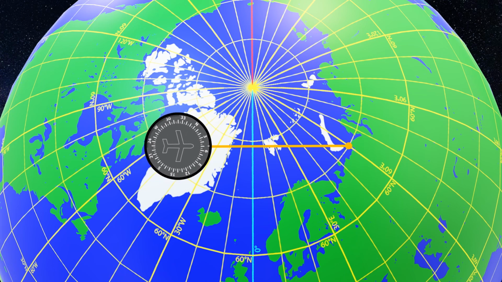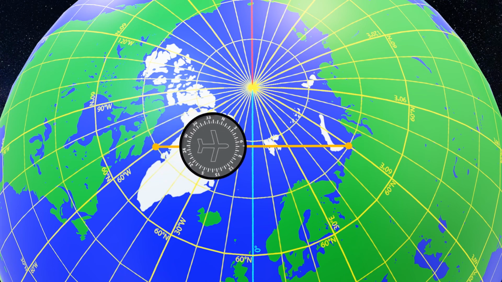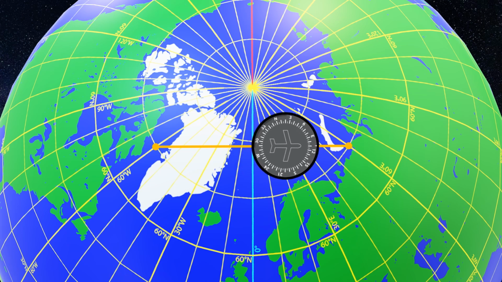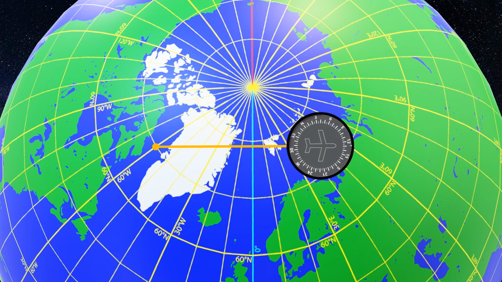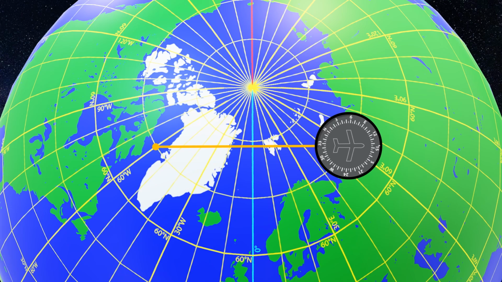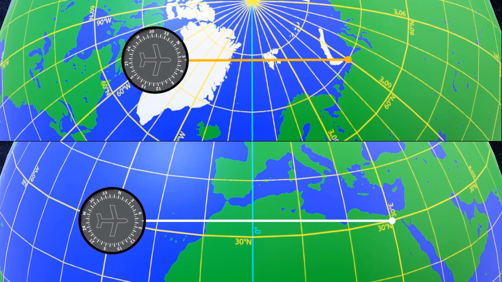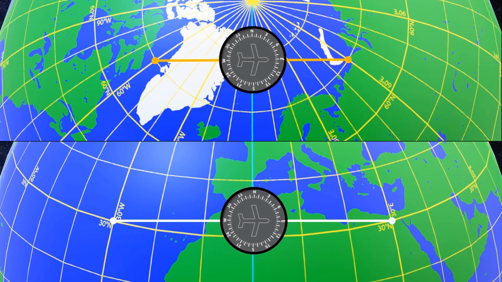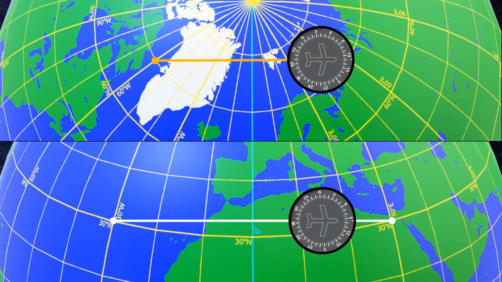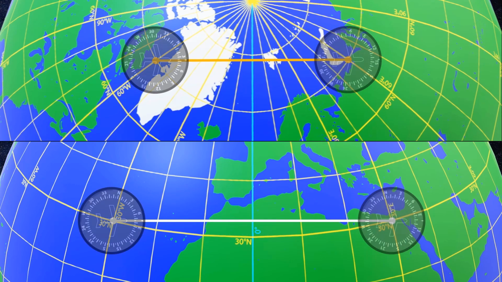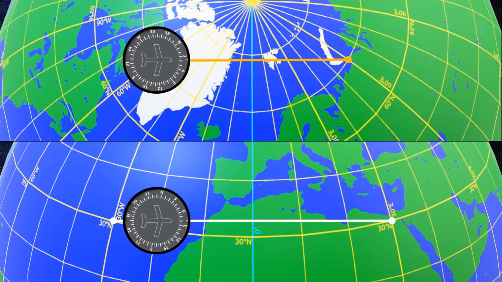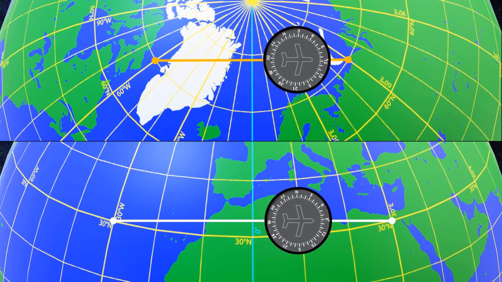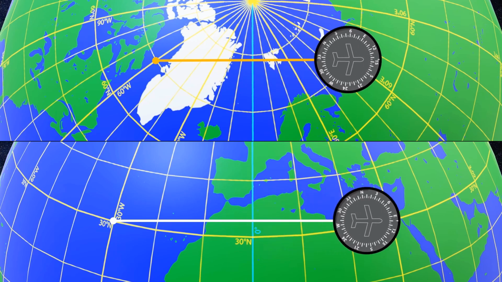And now, animation showing the changes of true direction while flying on a great circle at 70° north latitude. If we compare the two situations, we can see that the rate of direction change is higher as the latitude increases. Therefore, it is humanly impossible to fly on great circle track at high latitude manually.